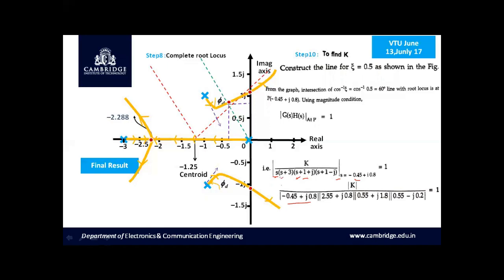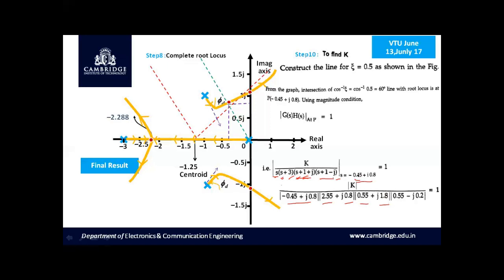Here let us substitute s is equal to minus 0.45 plus j into 0.8. So minus 0.45 plus 3, you will be getting 2.55 plus j into 0.8. For the third term, similarly substitute for s as minus 0.45 plus j 0.8. So minus 0.45 plus 1, you will be getting 0.55 plus j into 1.8.